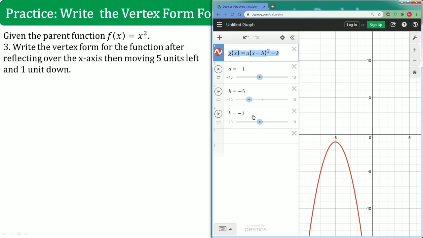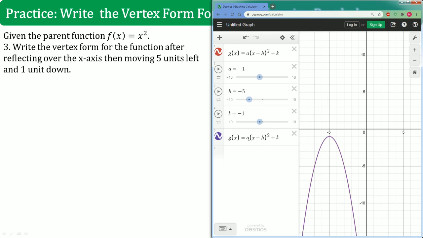So let's substitute it in here. All right. So a was your -1. Your h here was a -5. So let's put a subtract 5 here. And your k is -1. Okay. Parentheses -1. Look, why is it off? Notice it is off.